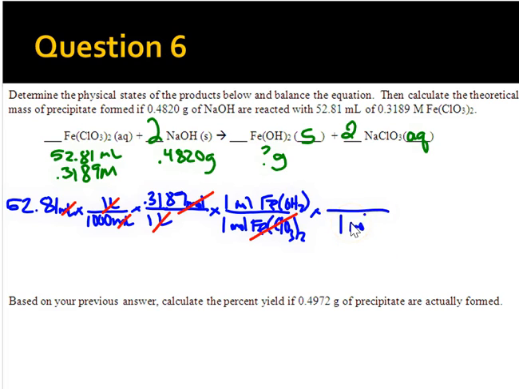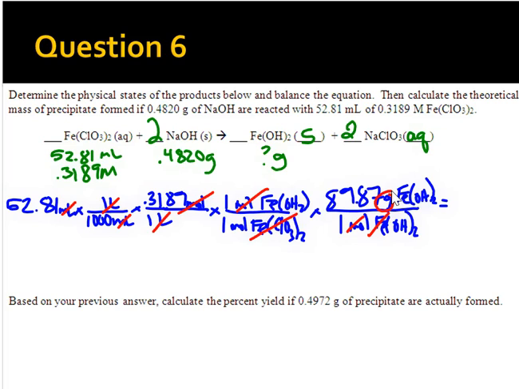So 1 mole of iron hydroxide, FeOH2, has a molar mass of, and I'm calculating that right now, about 89.87 grams. That gets me out of moles, and now I'm into grams, and that's what I want.